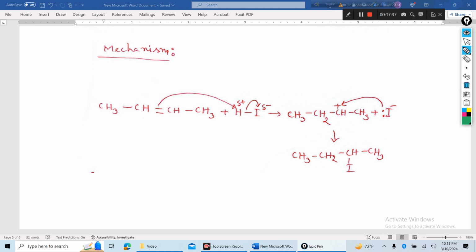Now the iodide ion gives its lone pair to produce a carbon-iodine bond, and you will get your product, 1, 2, 3, 4, 2-iodobutane.